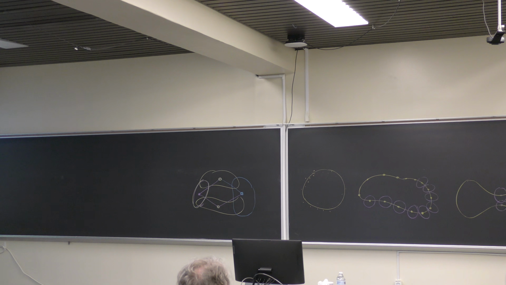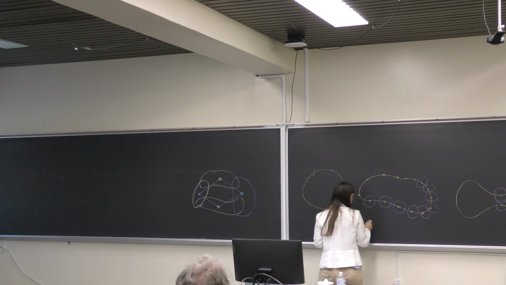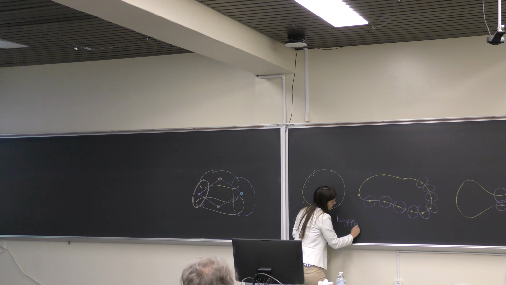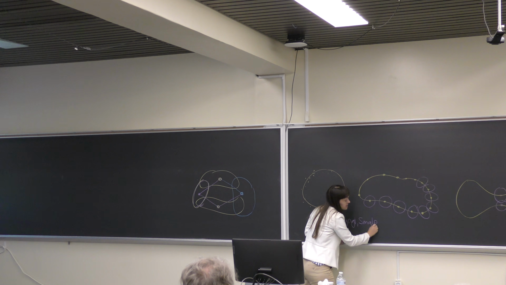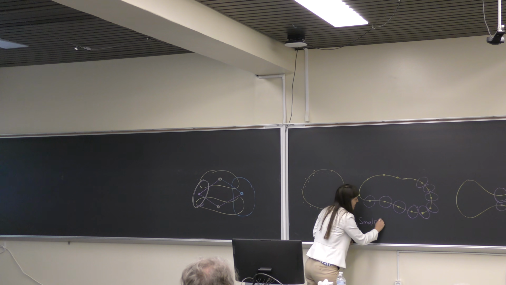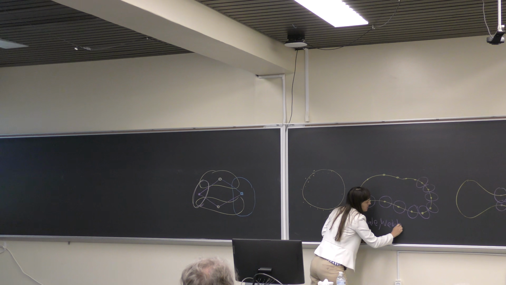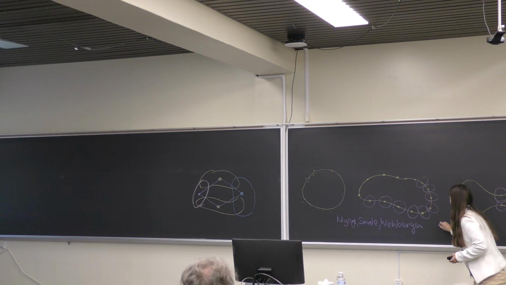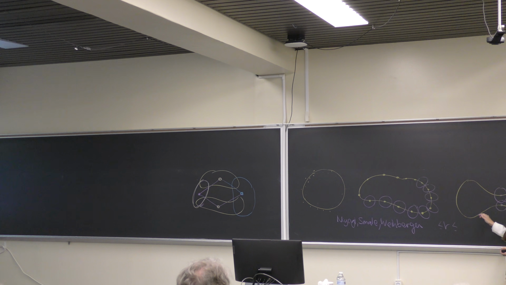For the case of balls, there's a paper by Smale, the Smale that you know, and Weinberger, where they give a range of the radii R for which the union of balls from the sample captures the homotopy type.